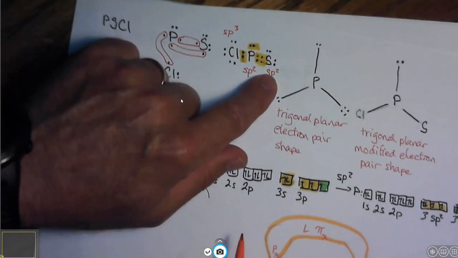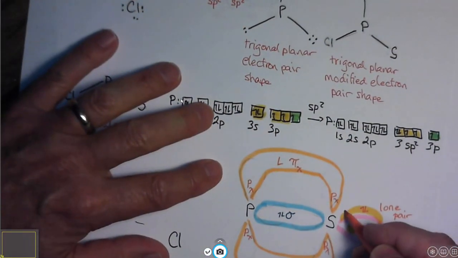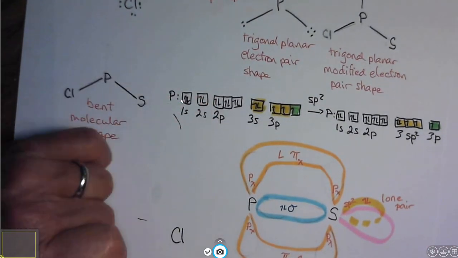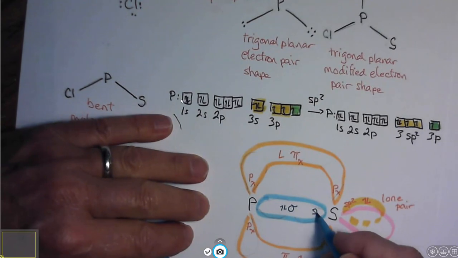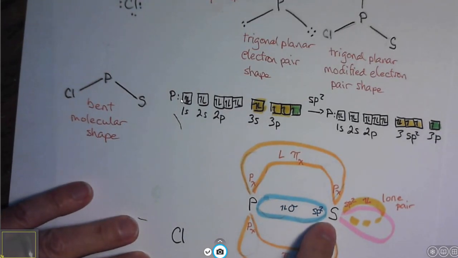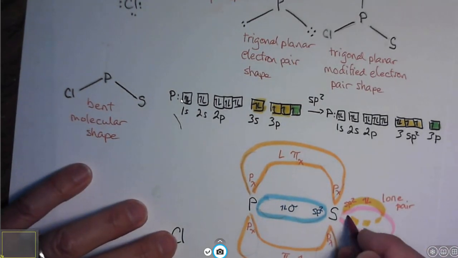The s orbital is sp2, so this is going to be sp2. This is going to be sp2. So all the lone pairs and sigma bonds stemming out of that atom have to be of the same hybridization. Okay, and so this lone pair in front also is sp2.